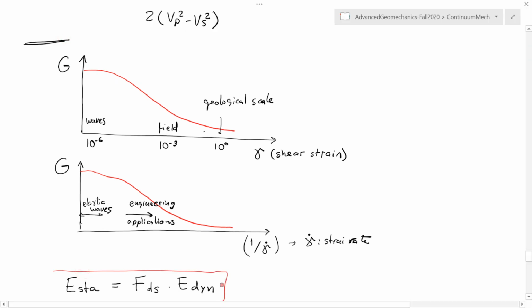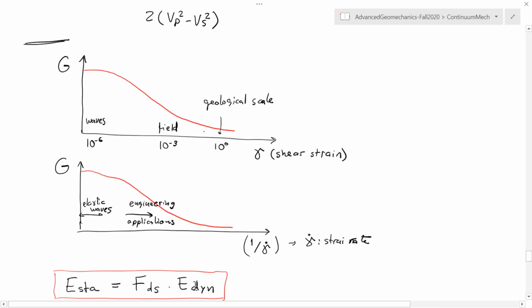Now let me tell you why I chose in the previous discussion the shear modulus, and we'll come back to the Young modulus. Usually the Young modulus, the same as the constraint modulus, they cause volumetric strains. And because they cause volumetric strains, the velocity of these waves, especially of the P wave, depends on the fluid within the rock.